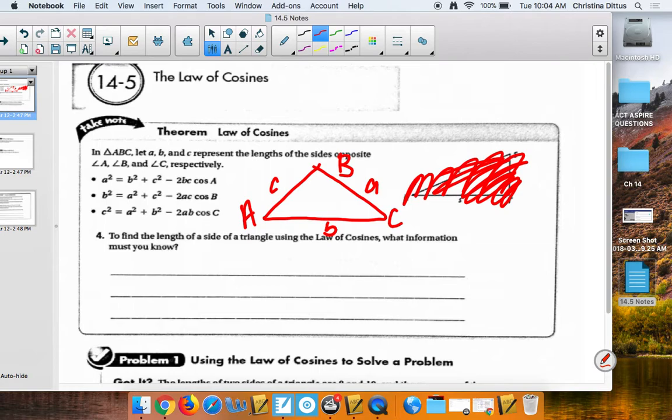Okay. So what this says, if I am looking for side A, it tells me I have side B squared plus side C squared minus 2 times the same sides B and C, and then I have my angle A. So again, I have side, angle, side.